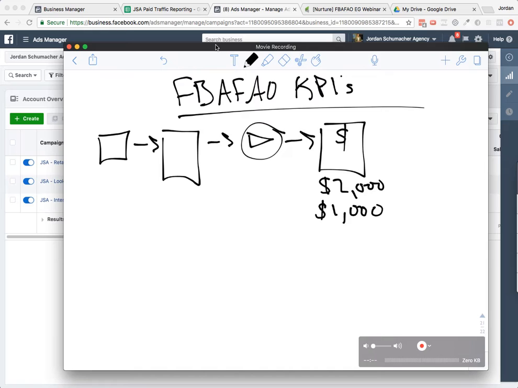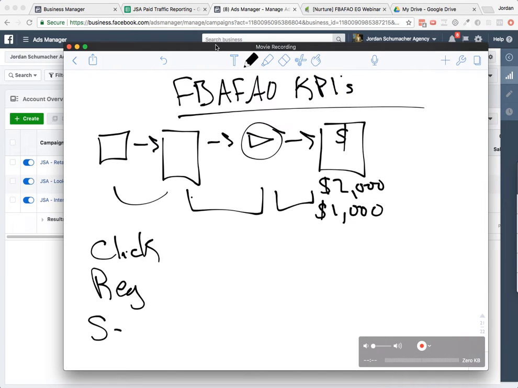So if we look at this funnel, we have the click, we have the registration, and we have the sale.